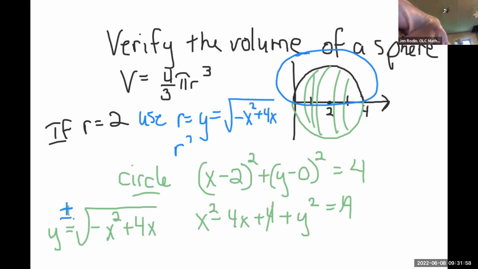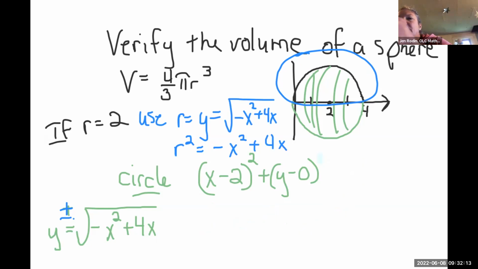So r squared would equal negative x squared plus 4x, because we square a square root and it comes off. We could continue this, and like I said, I won't go all the way through this one, but it's kind of fun to just be like, oh, so that's where that formula comes from.